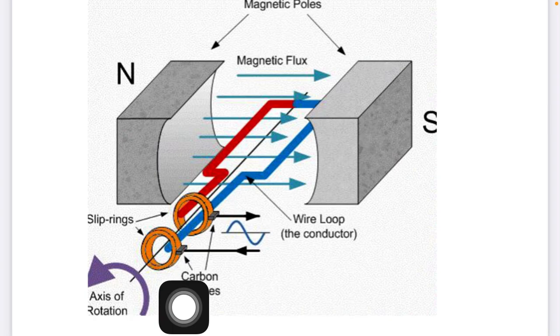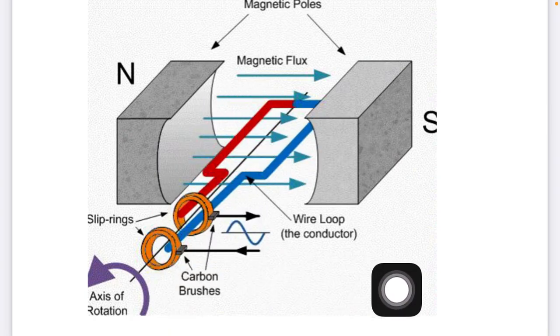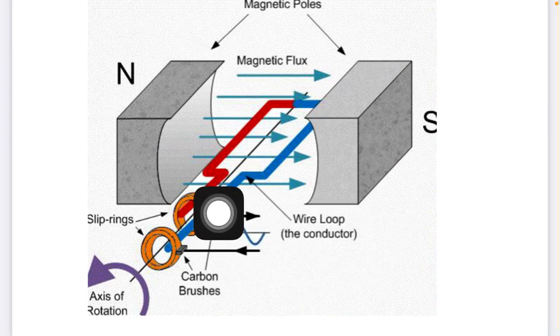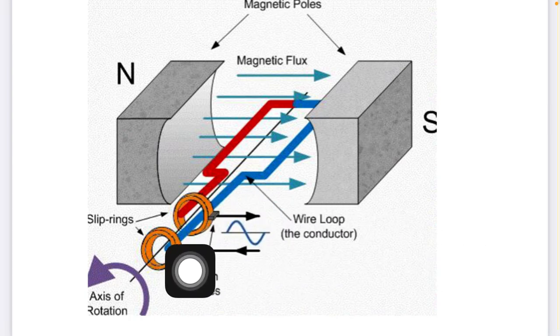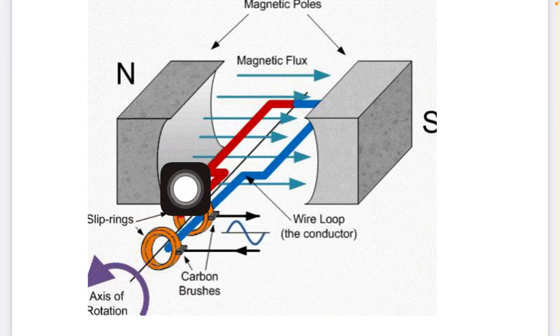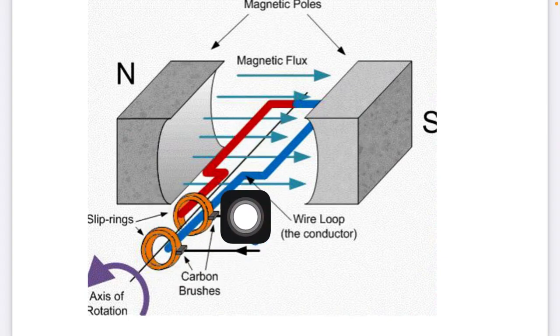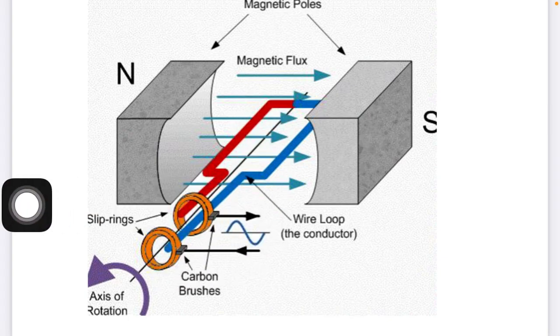To supply current, the slip ring, commutator and brushes are arranged in such a manner that even when the winding rotates, it is continuously supplied.